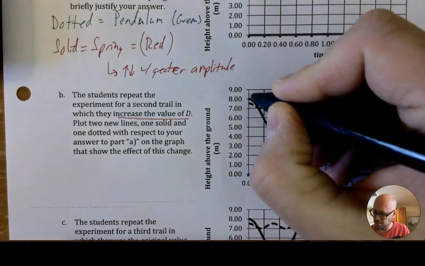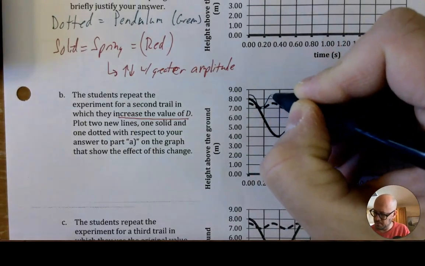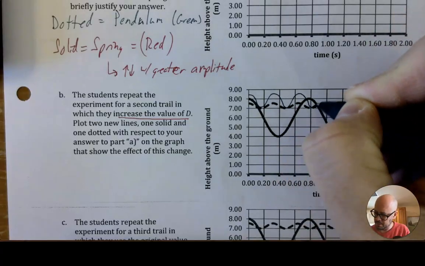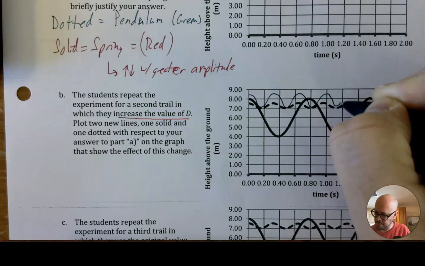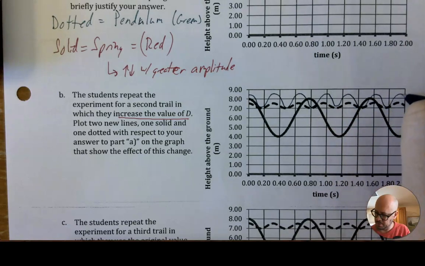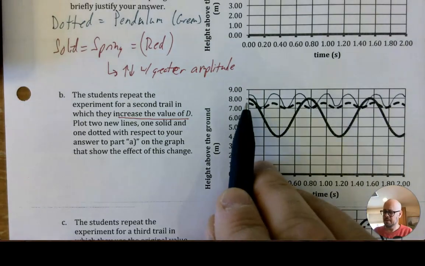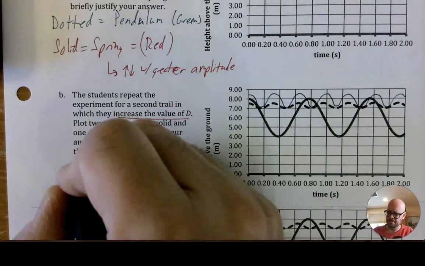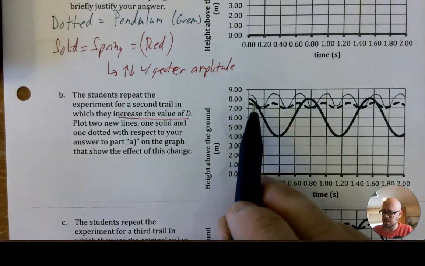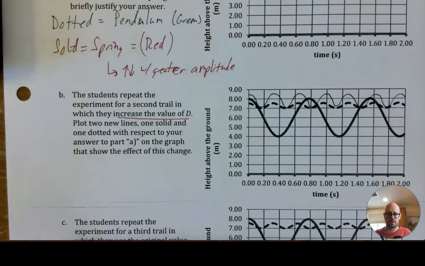So when I draw my new graph, I'm going to keep every feature the same except that maximum height above the ground. And so I'm doing an increasingly poor job at drawing that, but everything else is the same. So the pendulum has a greater amplitude, and the way that shakes out is it has a greater starting height, but the same ending height.